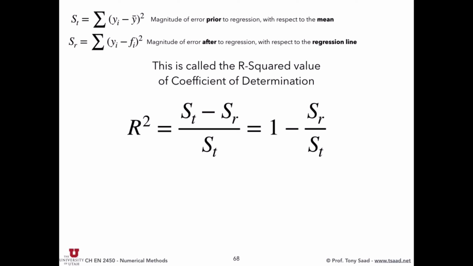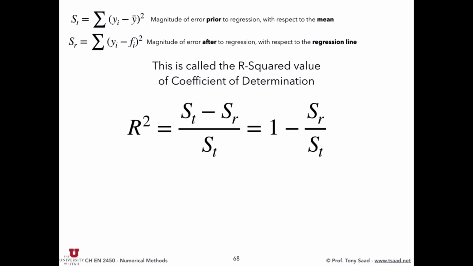So for every point xi, you're going to have yi and phi i, and that difference squared, you add them up, gives you a measure of the magnitude around the regression line. So that's the standard error. If the data in general is normally distributed, don't worry about that now, but in general, 68% of the data will fall within plus or minus the standard error, just like the case with a standard deviation, plus or minus 1 standard deviation.